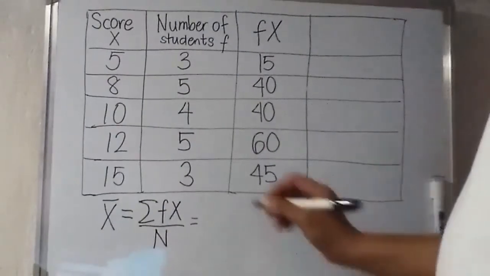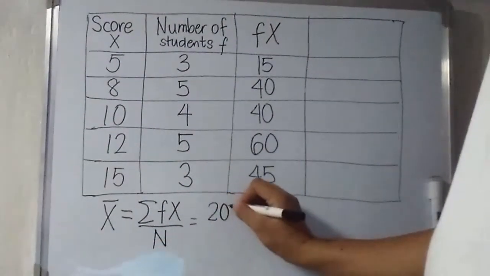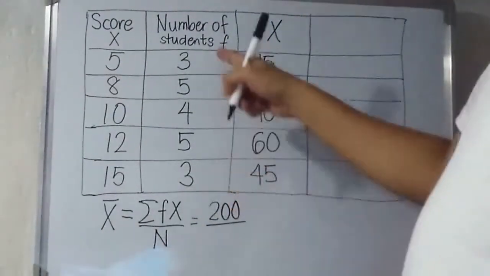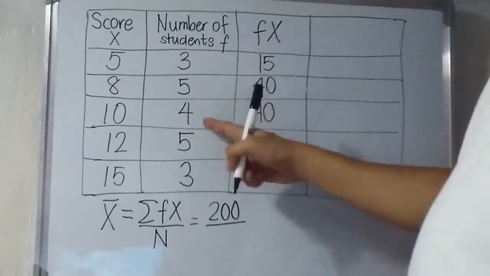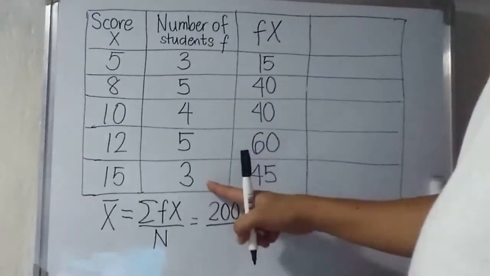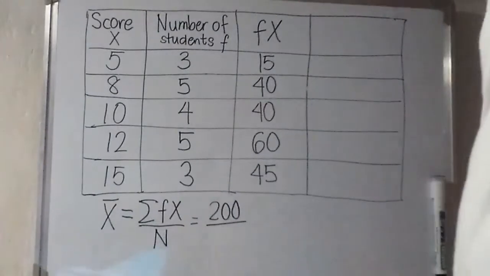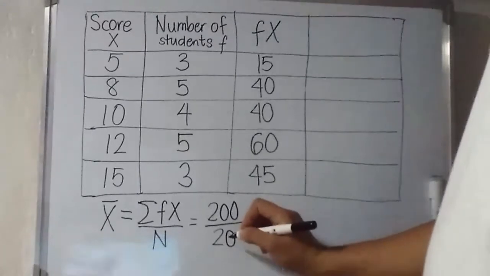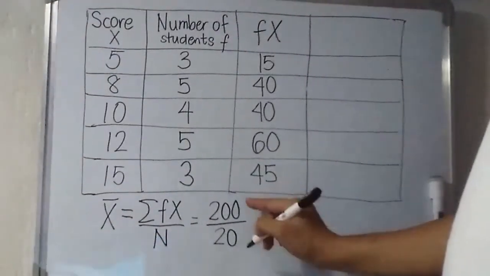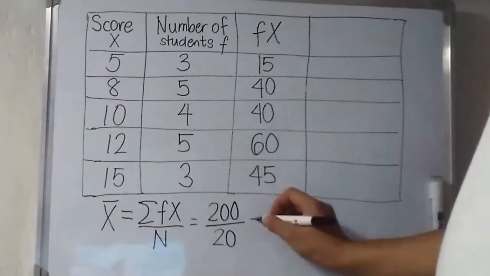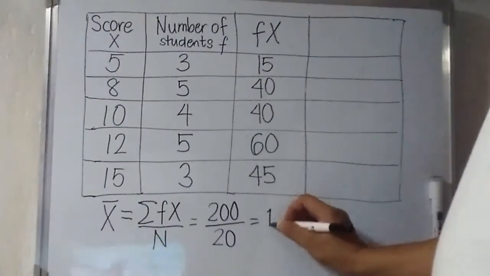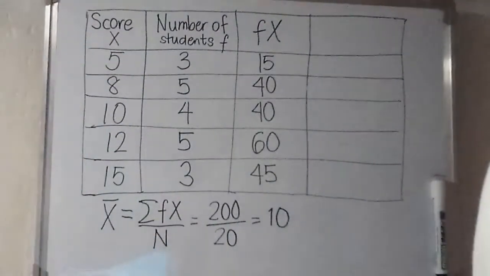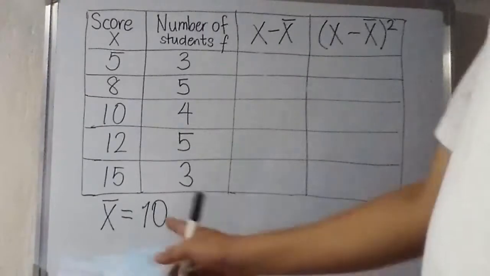So that would be 200 over, how many is the number of students? 3 plus 5 plus 4 plus 5 plus 3 is 20. 200 divided by 20 is 10. So the mean is 10.